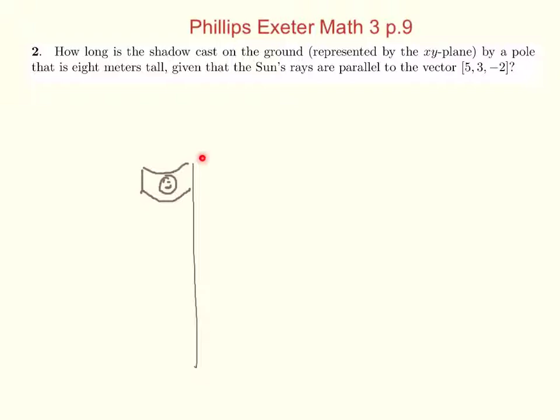It's flatter, because you're going out 5, 3, but you're only going down -2. So I'm just going to draw the sun lower in the sky, something like this. And this vector's going down here at 5, 3, -2.